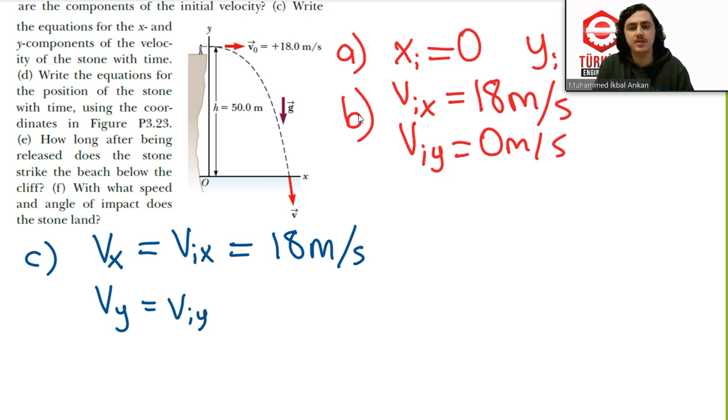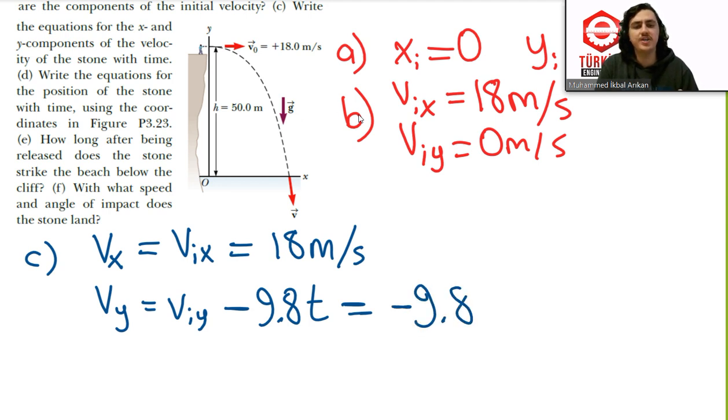It will be just initial velocity in y minus gt, actually plus a_y t. The acceleration in y equals 9.8, but it is a minus sign, so you will get this one. So our equation for Vy will be like this. I know the initial velocity in y is 0, so the velocity of y as a function of time will give me this. So this is part C.